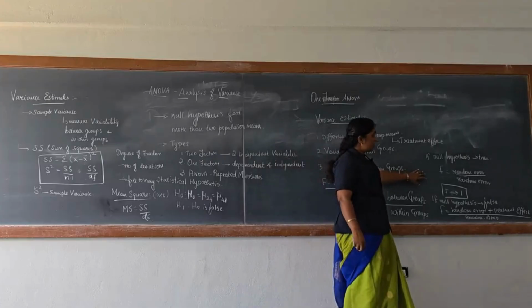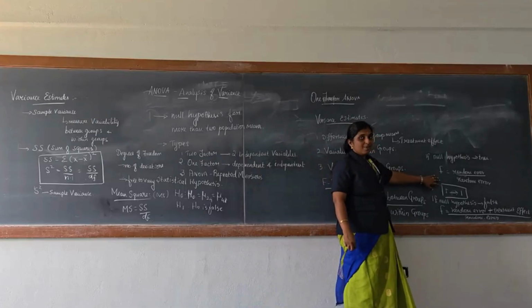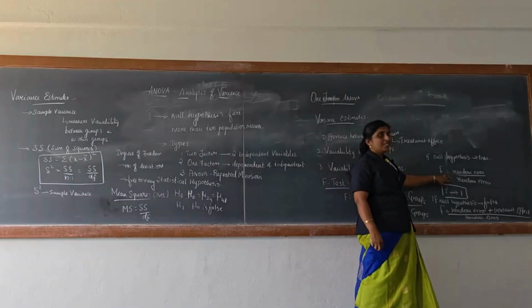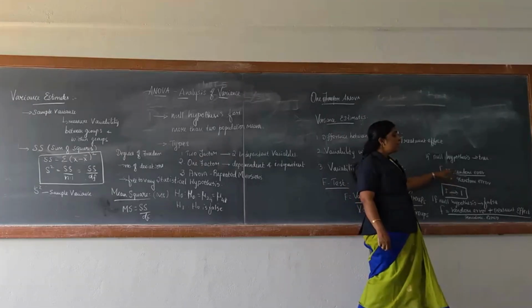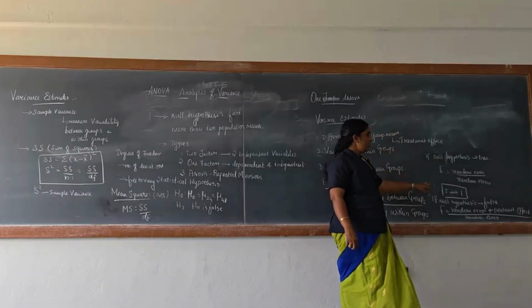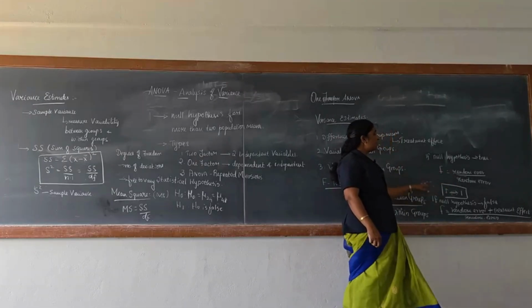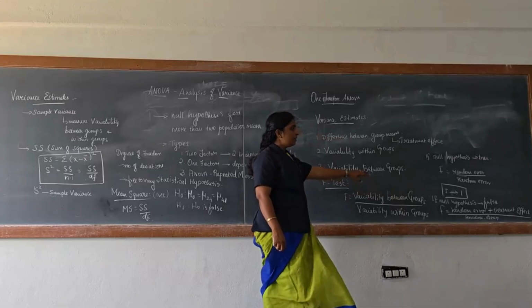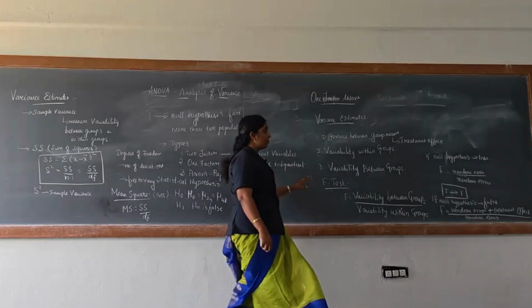If the null hypothesis is true, both generate random error, so F is represented as random error divided by random error, and the value is around 1. If the null hypothesis is false, F is represented as random error plus treatment effect, divided by random error.